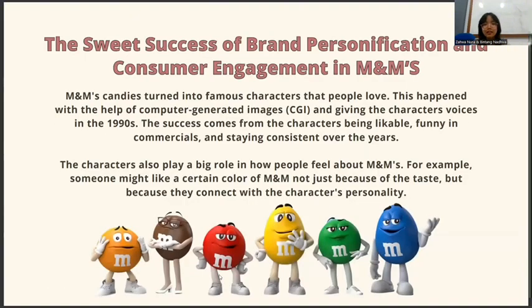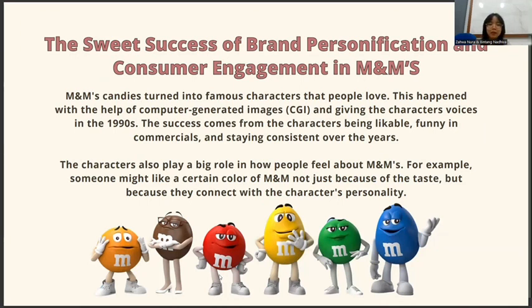And this is our case: the sweet success of brand personification and consumer engagement in M&Ms. M&Ms were turned into famous characters that people love. This happened with the help of CGI and giving the characters voices in 1995. The success comes from the characters being likable, funny in commercials, and staying consistent over the years. The characters also play a big role in how people feel about M&Ms.